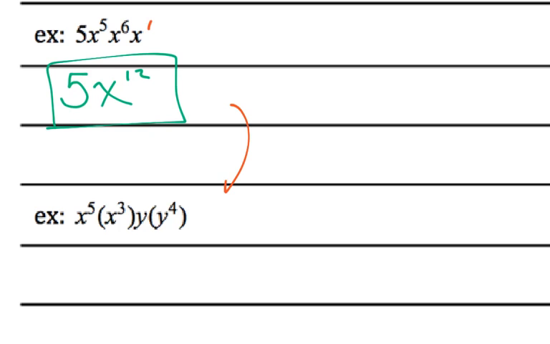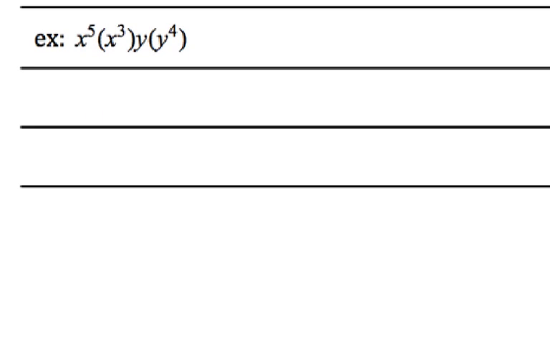We'll move to this example next. x to the 5th times x cubed times y to the 4th. I scan left to right, and I'm looking for just constants, coefficients, whatever we want to call them, and I see none. So if you wanted, you could write 1, or you could just leave it off. I look for my earliest variable in the alphabet.